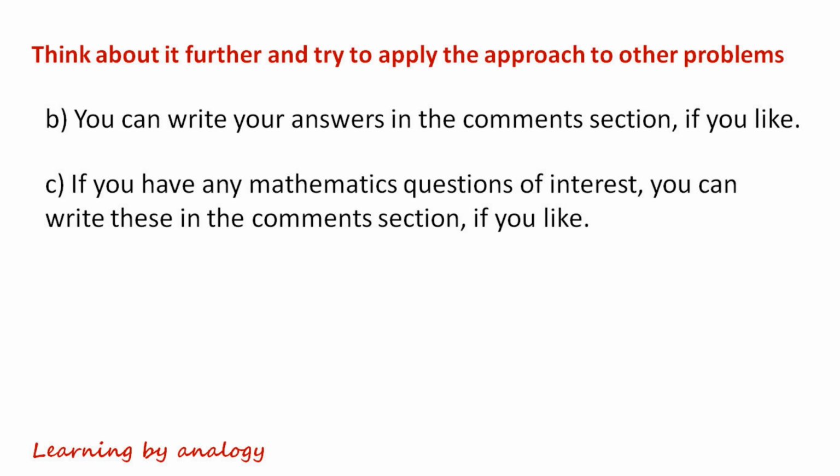You can write your answers in the comments section if you like. If you have any mathematics questions of interest, you can write these in the comments section if you like.